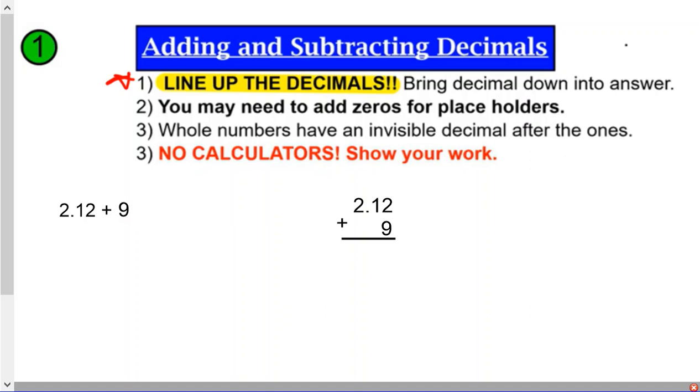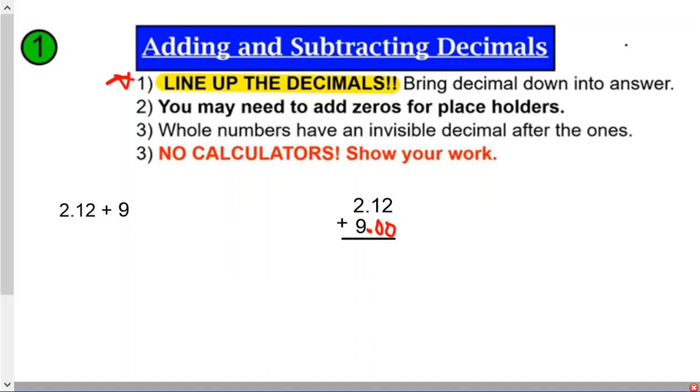We need to make sure that we are understanding the difference between whole numbers and decimal numbers. So this 9 is a whole number, so we need to line it up under the other whole number, which is a 2. And then in this case we can put some zeros here for placeholders, although you don't need to.